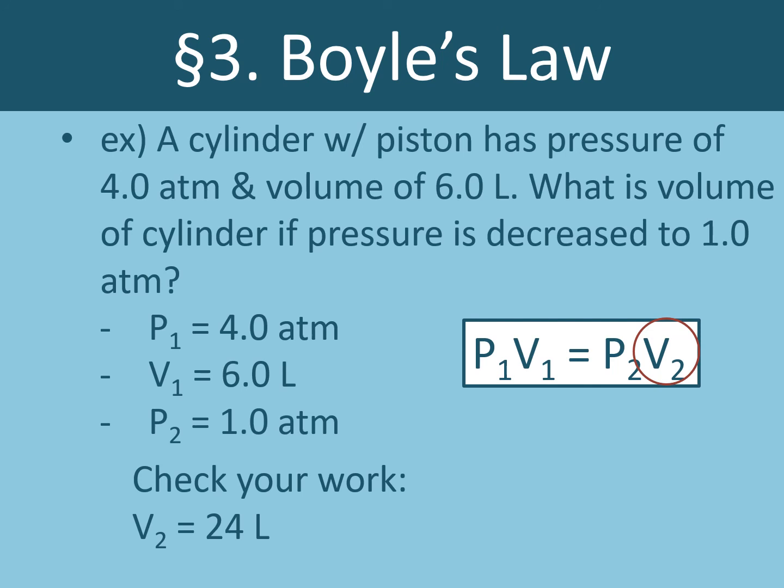In this problem, the pressure went from 4 atms to 1 atm. The pressure decreased, so according to Boyle's law, our volume should increase. If we look at the volume, it went from 6, our answer is 24, the volume increased, and it appears to be a reasonable amount. We have the correct units, and so we probably have the correct answer.